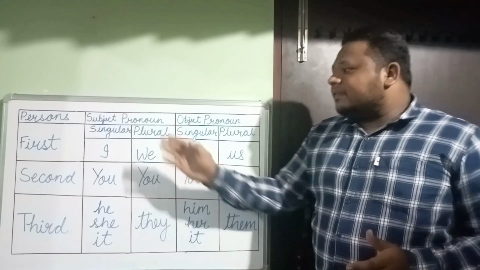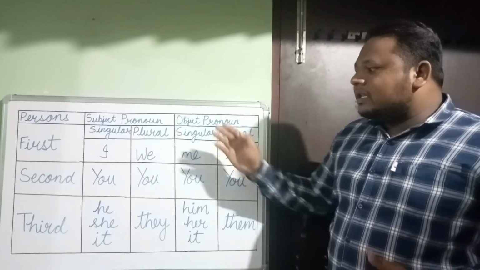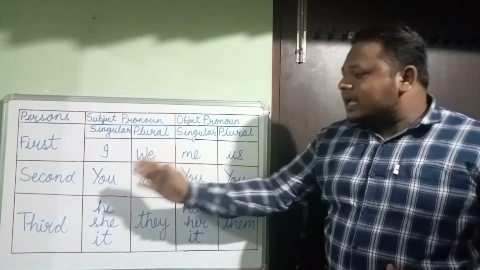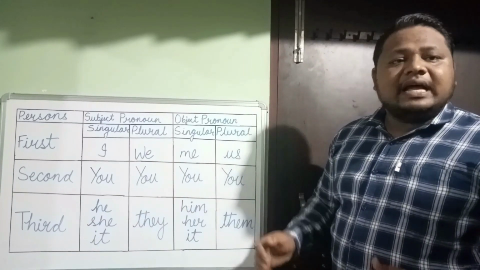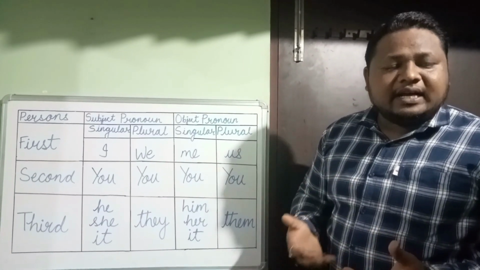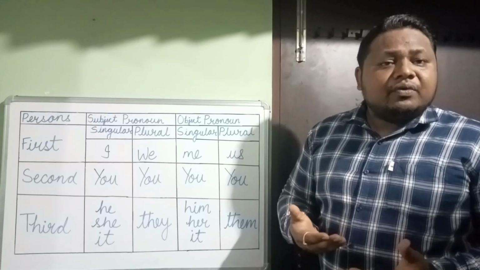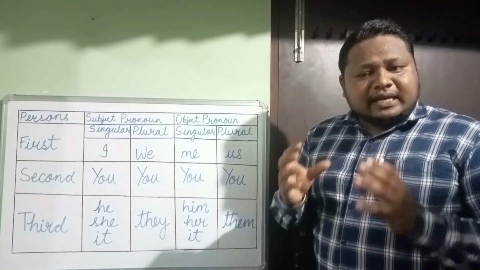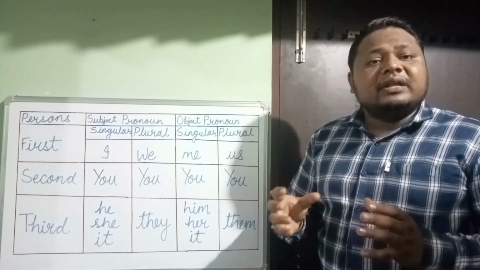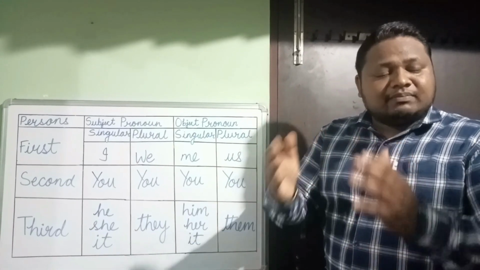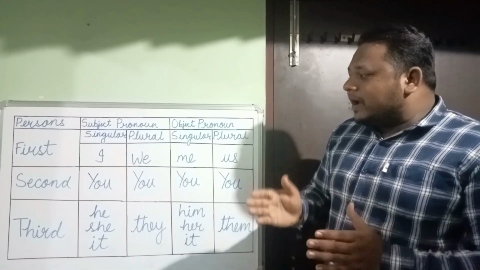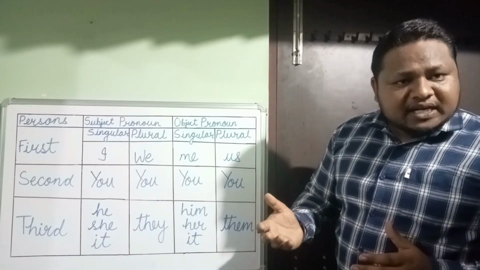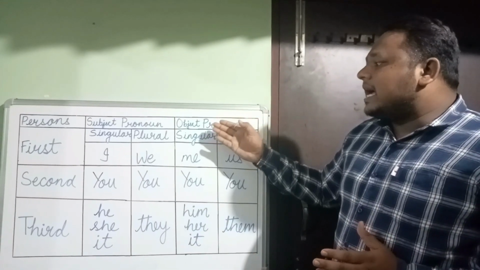And when they act as an object in a sentence, we know that an object can be a noun or pronoun that receives the action done by the subject. Alright, so when it acts as an object in a sentence, we call it an object pronoun.